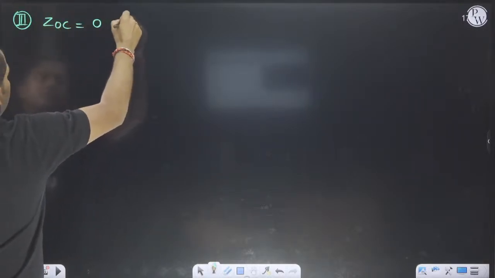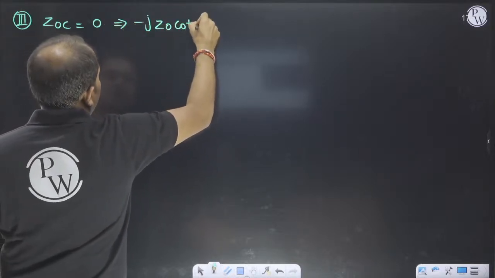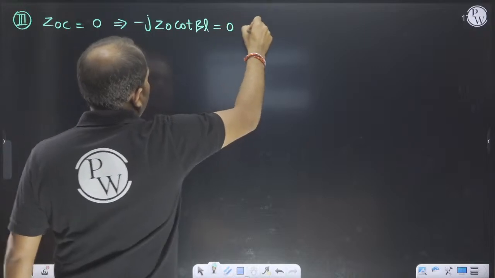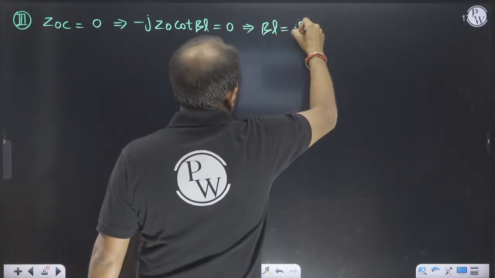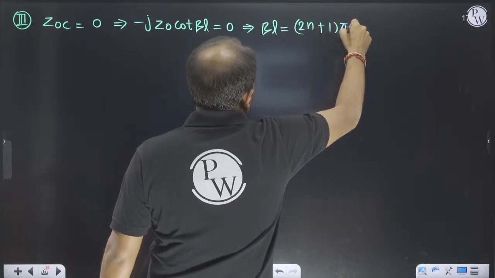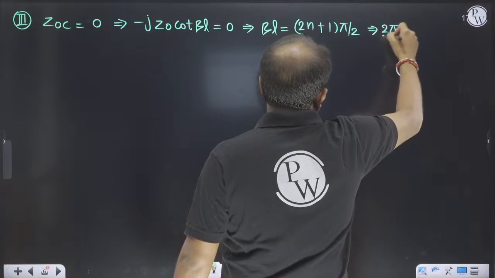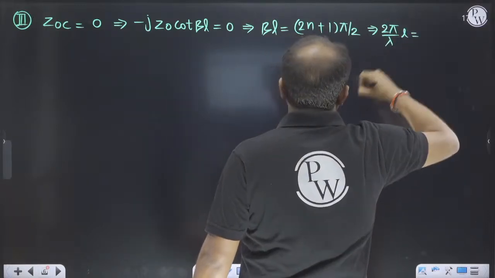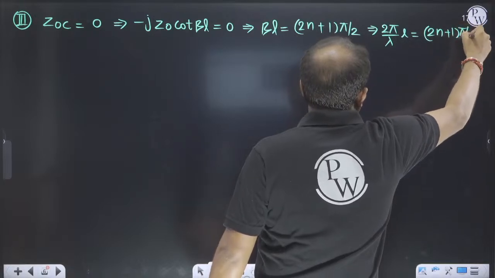So in the case where ZOC is equal to short circuit, that means jZ0 cot beta L is equal to 0. That means beta L is equal to how much? Odd multiple of pi by 2. Beta is equal to 2 pi by lambda, into L is equal to odd multiple of pi by 2.